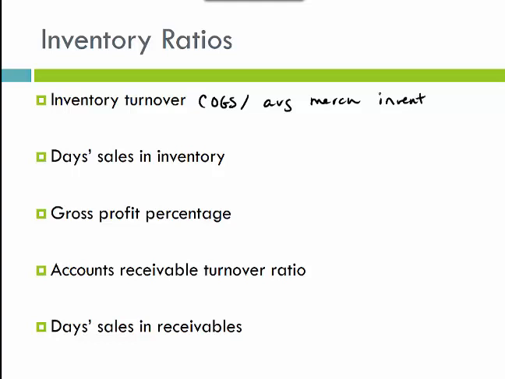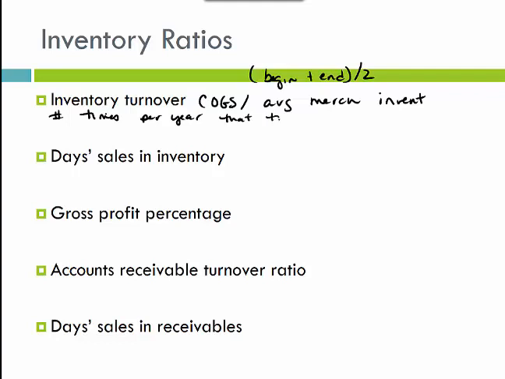And remember with these ratios, anytime you see average, they want the beginning number plus the ending number divided by 2. So if we're doing this for a year, they want the merchandise inventory at the beginning of the year plus the merchandise inventory at the end of the year divided by 2 to get your average merchandise inventory.